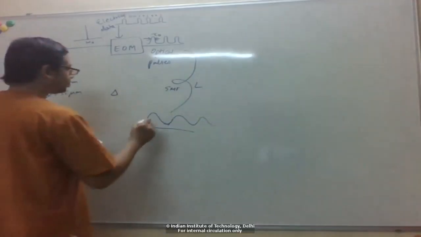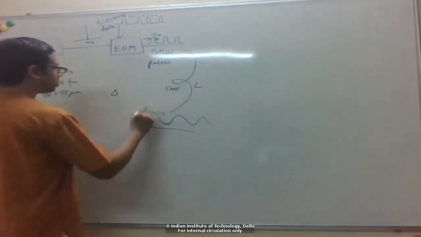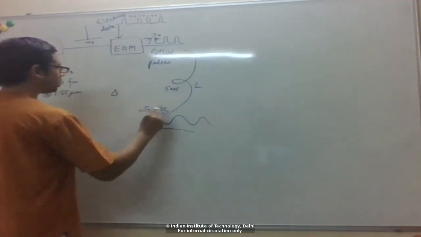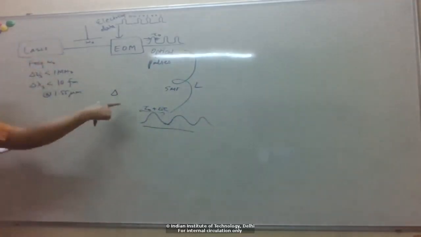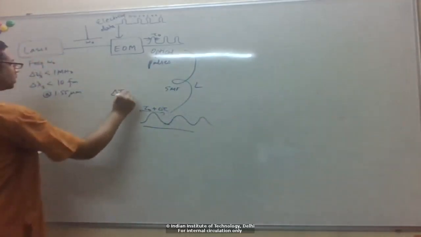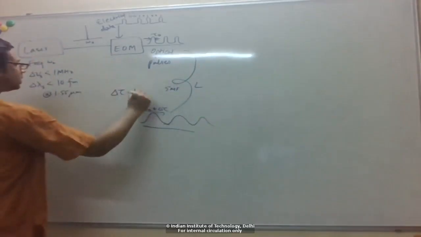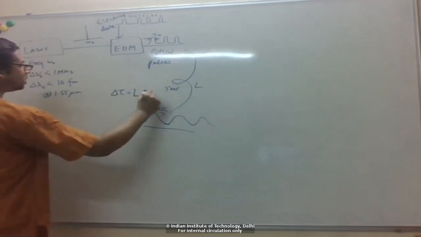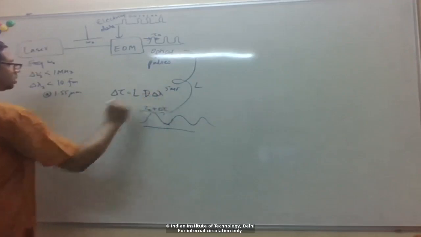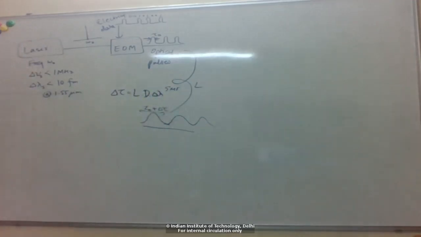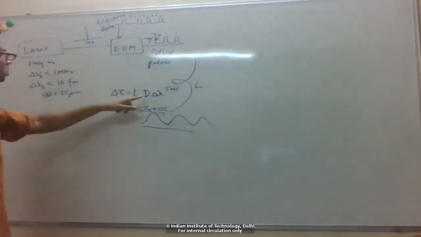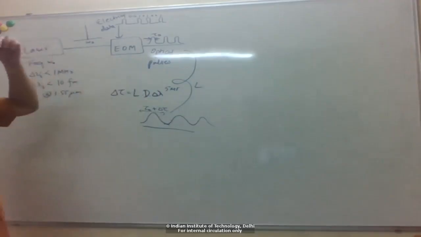This broadening, we said, depends on the length times the dispersion coefficient times the bandwidth. Now the source bandwidth is basically 0, on the scale we're looking at.